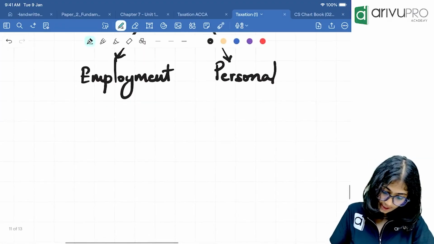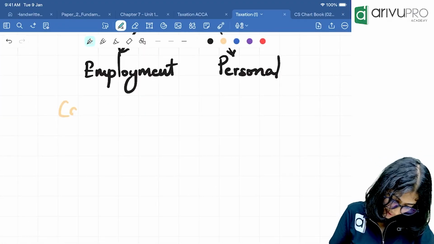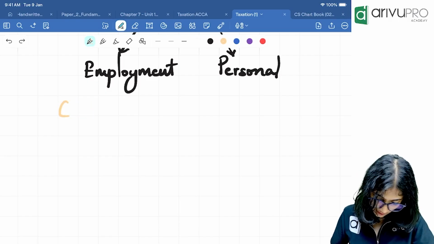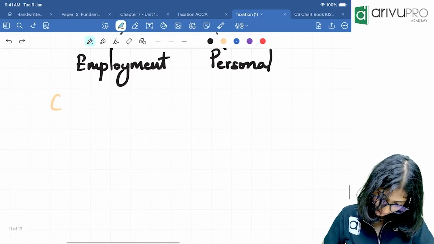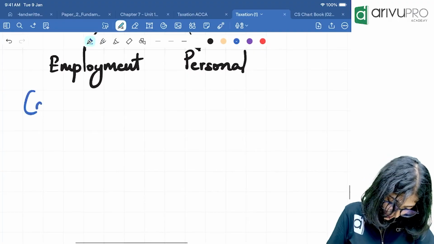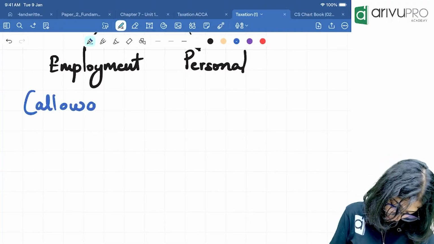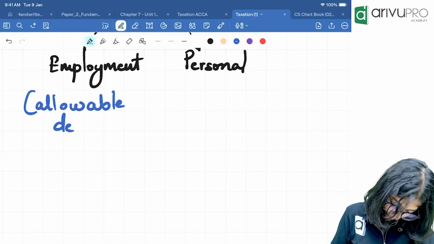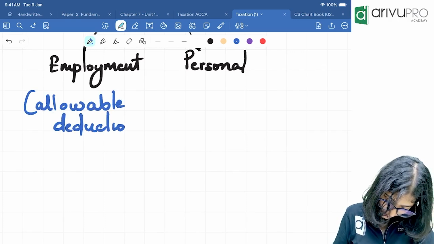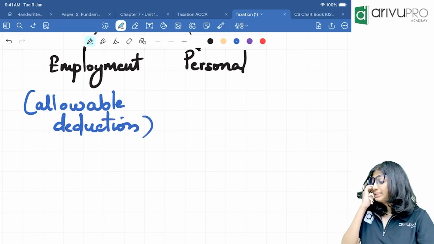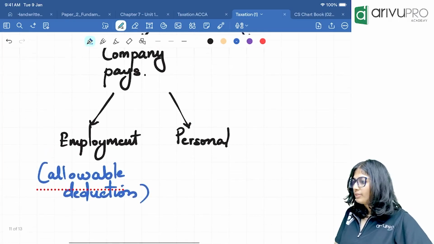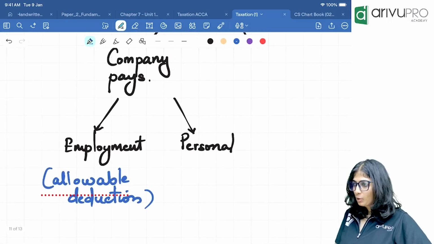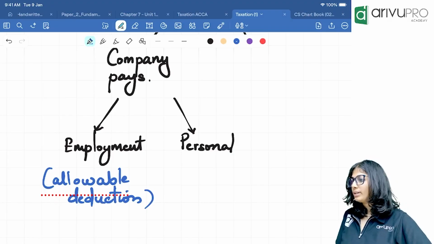It is an allowable deduction. Should I use a darker color since this is a white background? It is an allowable deduction. Why is it an allowable deduction, guys? It is used wholly, exclusively and necessarily for employment purposes.